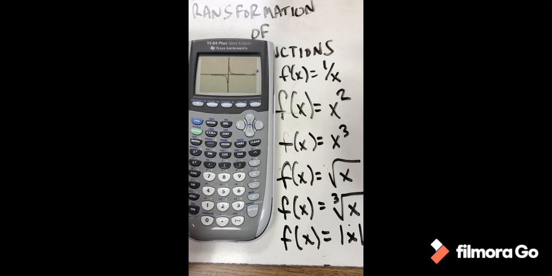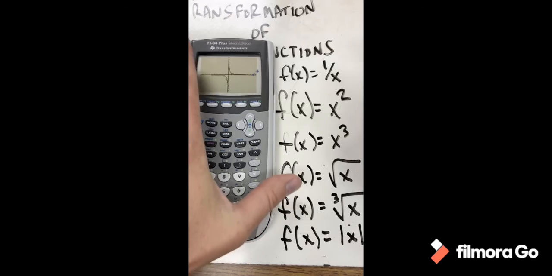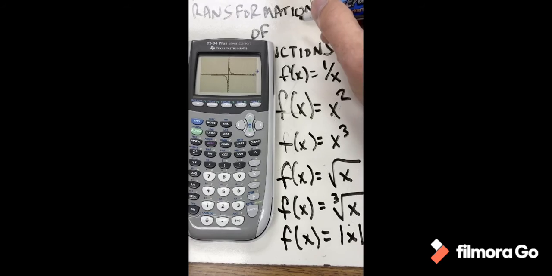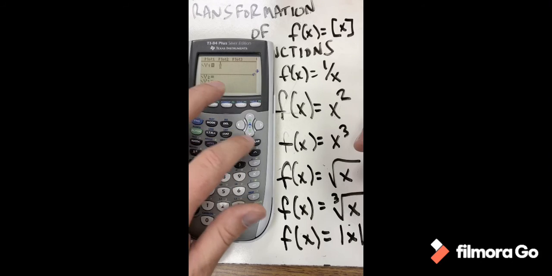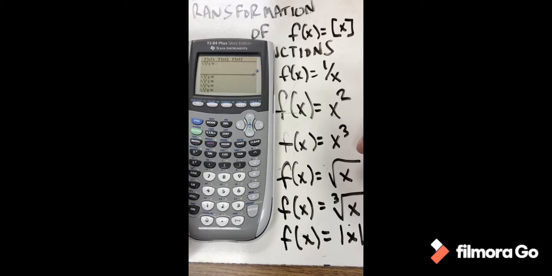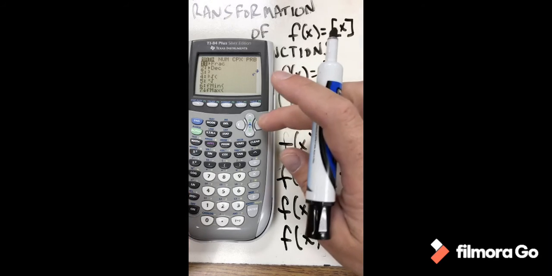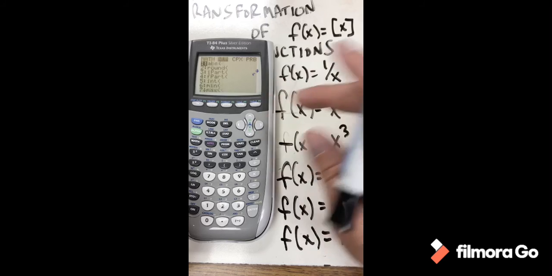The last one is our greatest integer function. f of x equals the greatest integer of x. On this one, probably the best thing to do, again, we go back to y equals and clear that out. Hit your math button, and then move over to NUM.